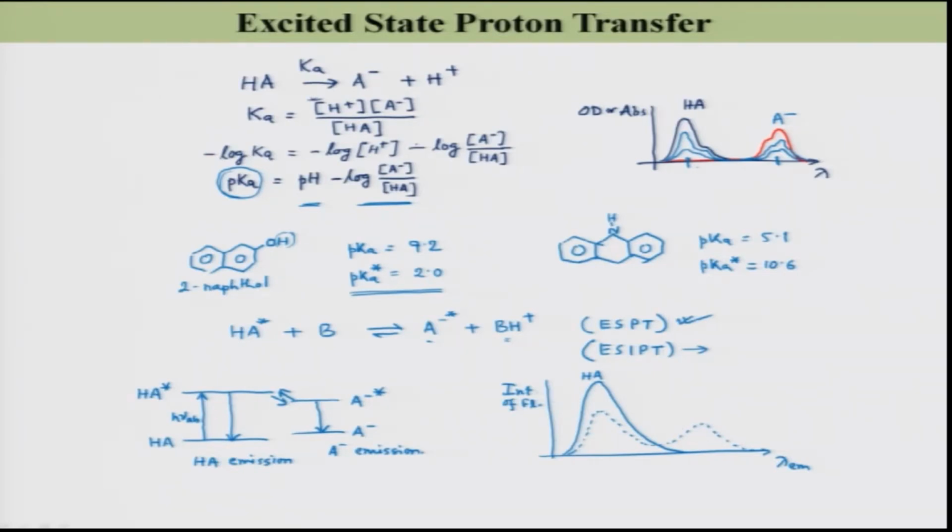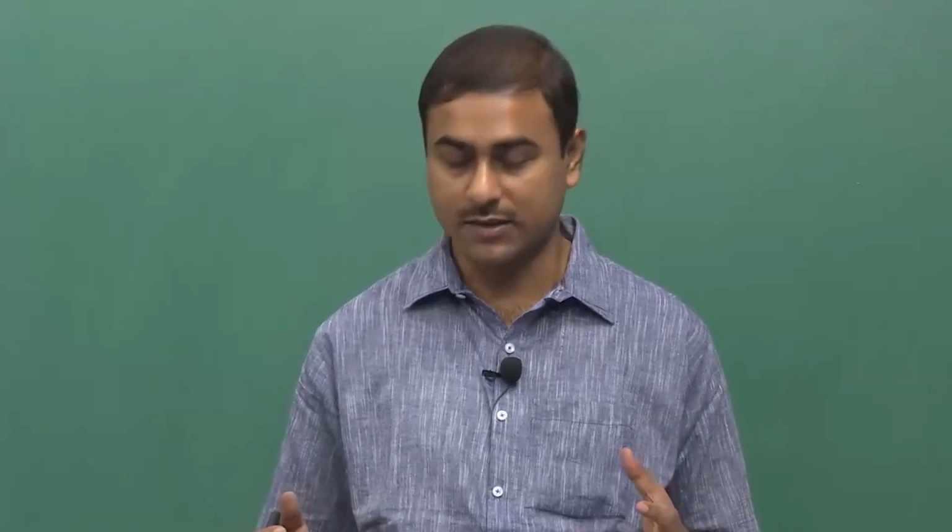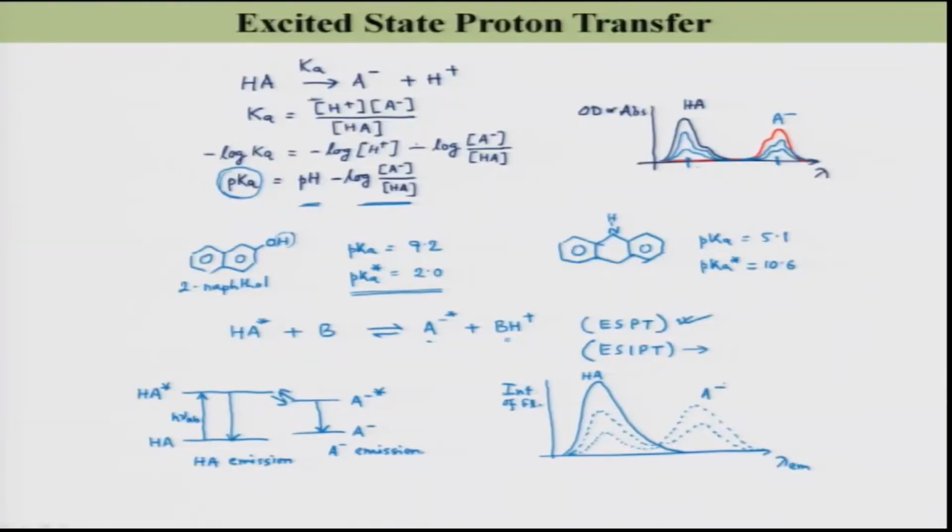If you have more acceptor present for this proton, then obviously this band will increase and that one will decrease. It is clear from this diagram that the relative concentration of HA star and A minus is related to this intensity, because this is my A minus.